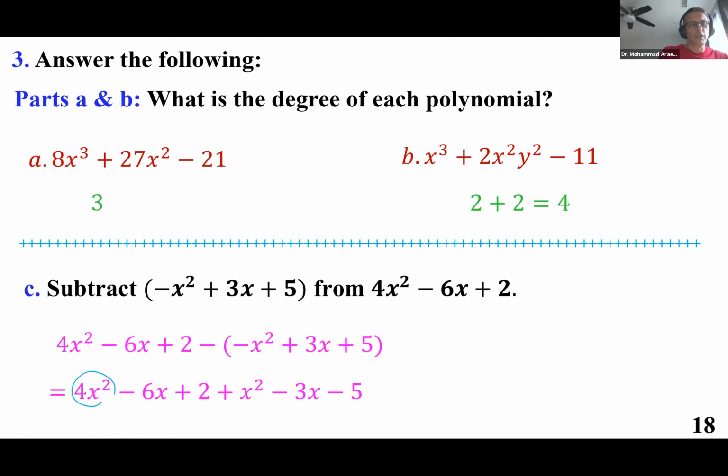So 4x squared adds up to x squared, and that gives us 5x squared, negative 6x, and negative 3x, negative 9x, positive 2, minus 5, negative 3. So we add up like terms.